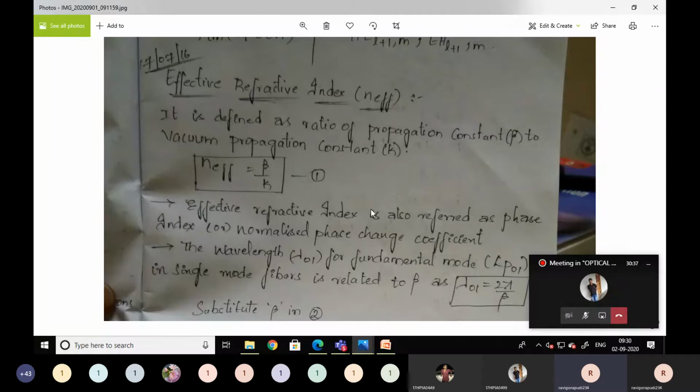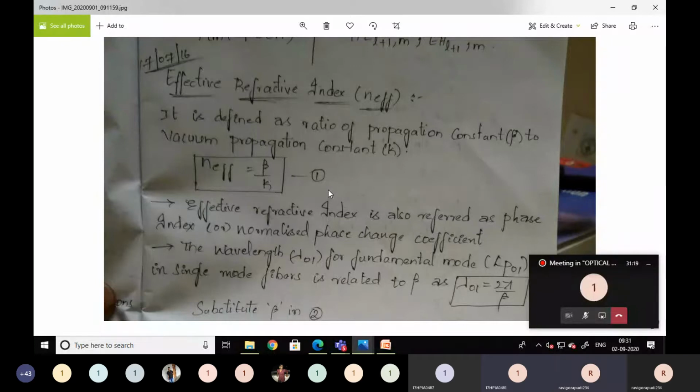Especially in previous question papers, we have to solve more problems. Okay? Is it okay? Yes, sir.